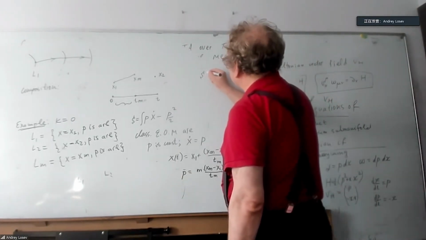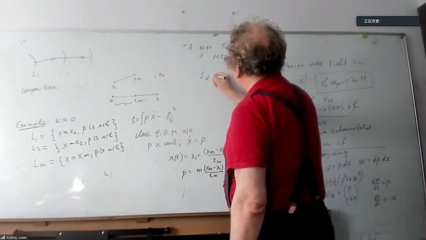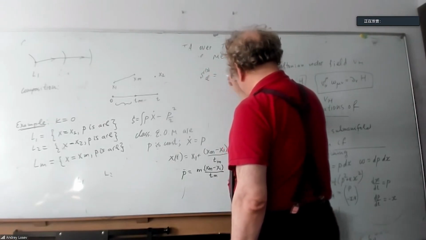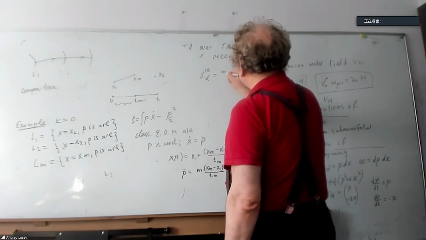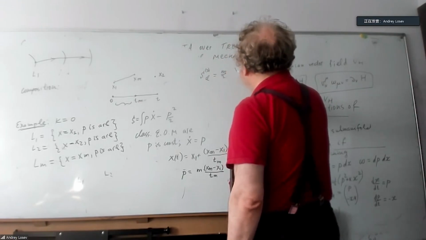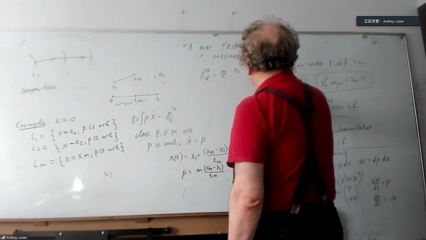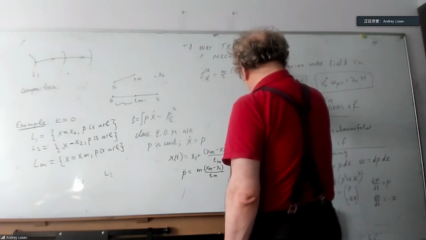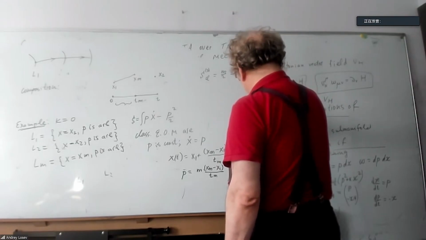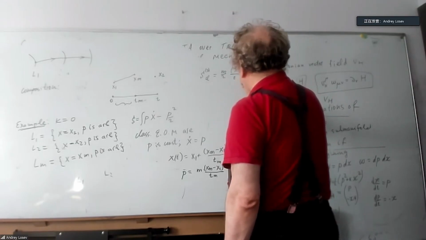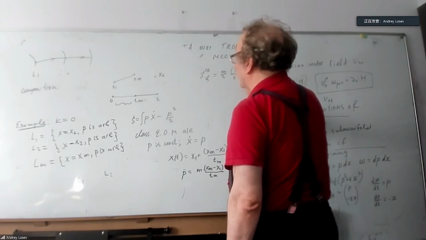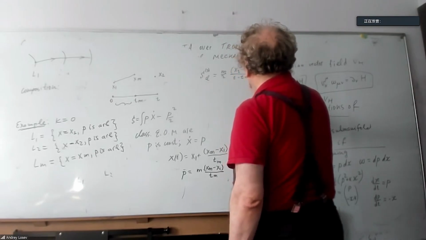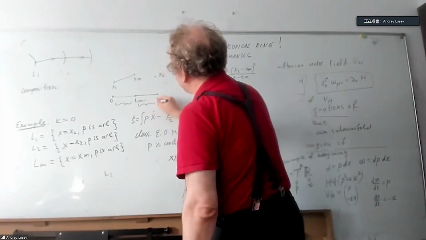I also have S classical 2. It's m over 2 x2 minus xm squared, and here I have t minus tm. So I work with this interval.